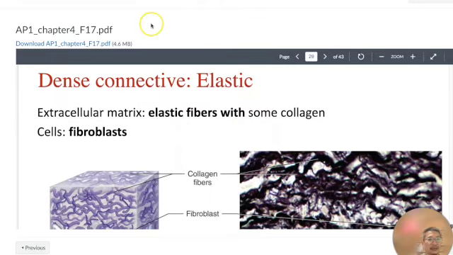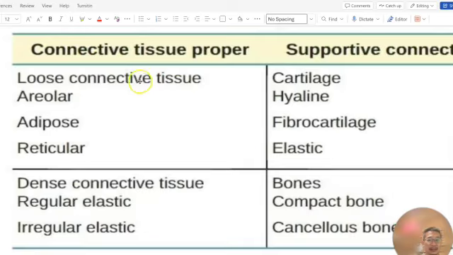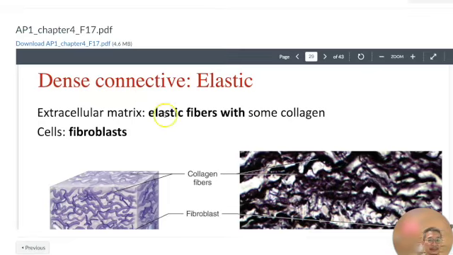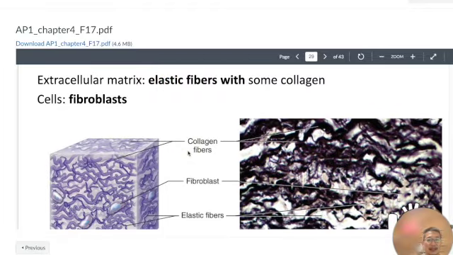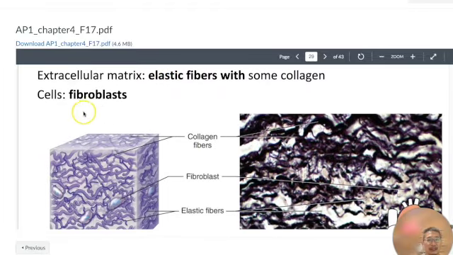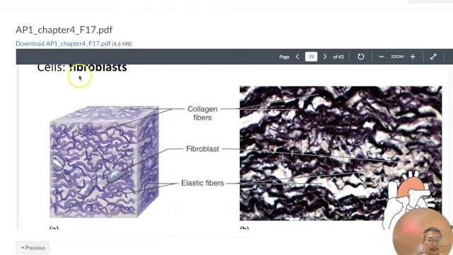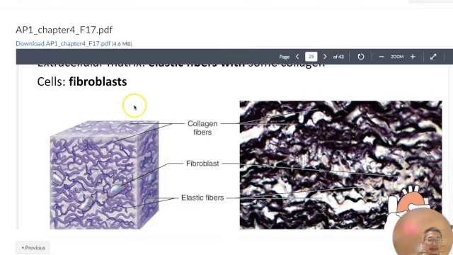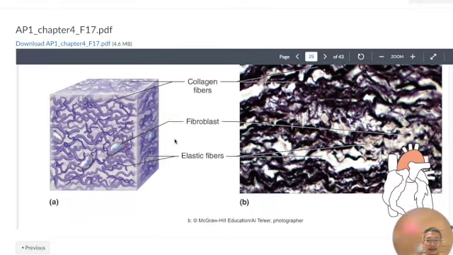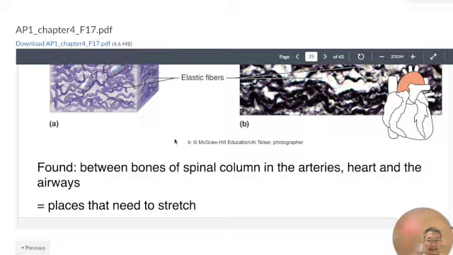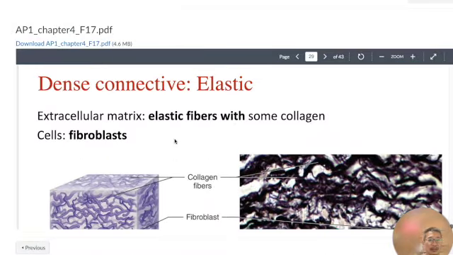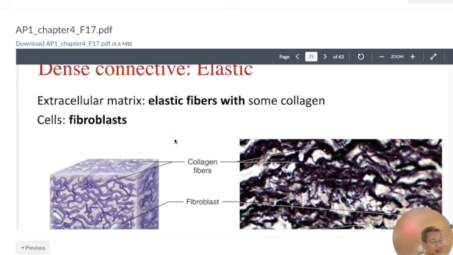Dense connective tissue with elastic fibers and some collagen. The cells are also the same. All the cells are fibroblasts. Remember, with dense connective tissue, there is regular and irregular.